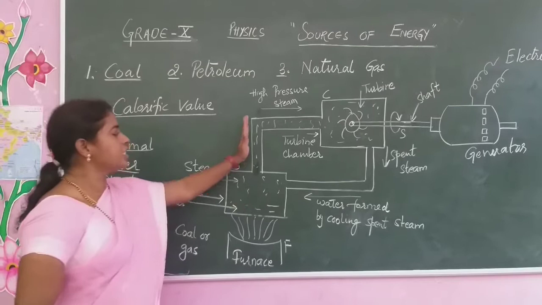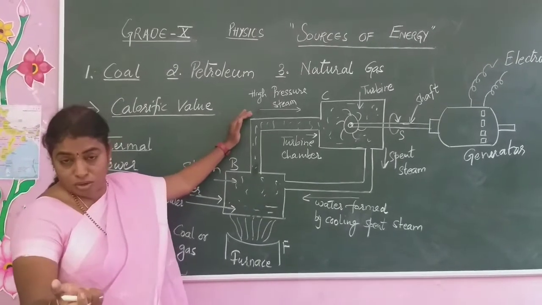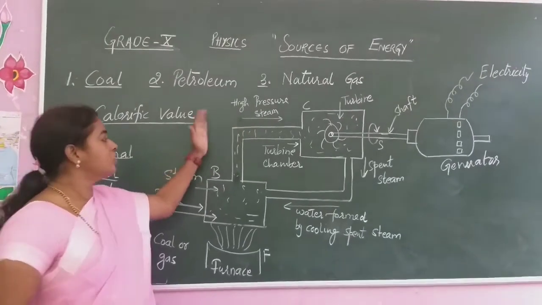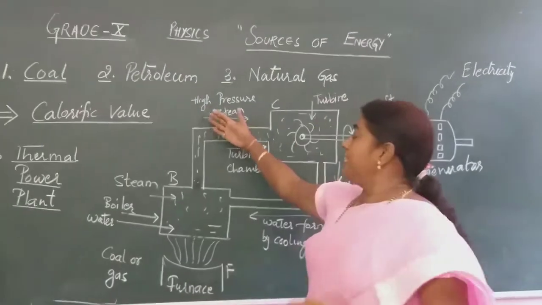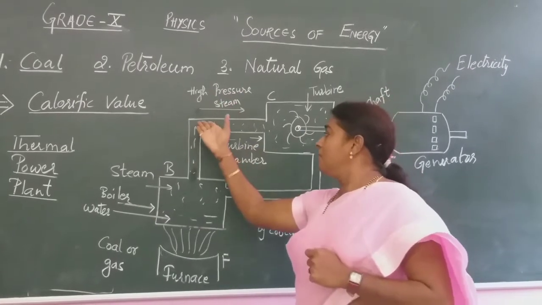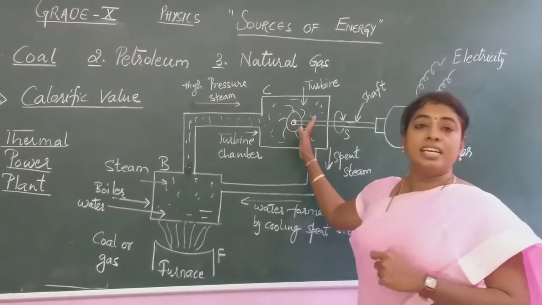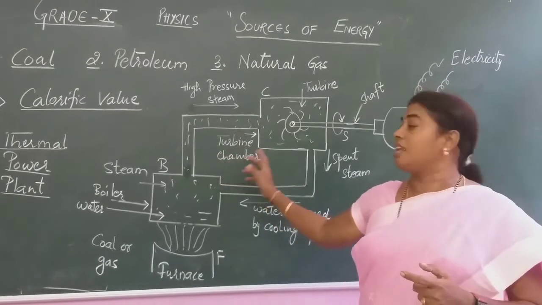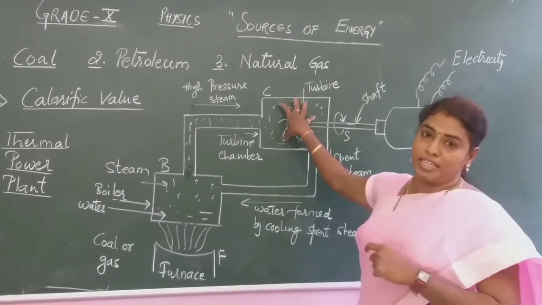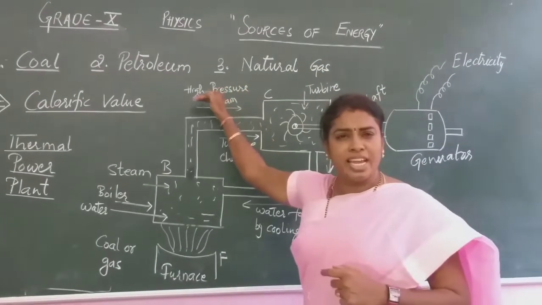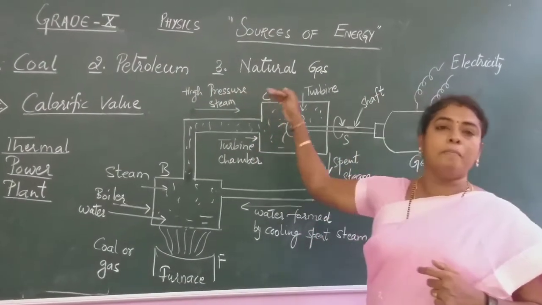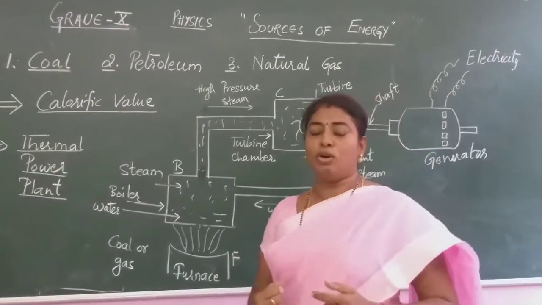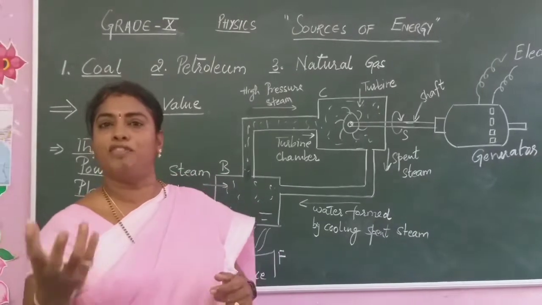As it is moving up, this is known as hot air, which has a lot of pressure inside. This hot air, the high pressure steam, moves through the pipeline and enters the turbine chamber, where the turbine is already present. As we know, energy has the capacity to perform work.